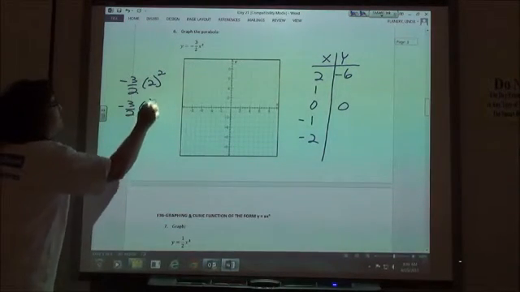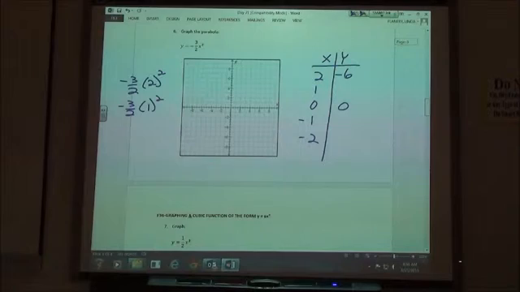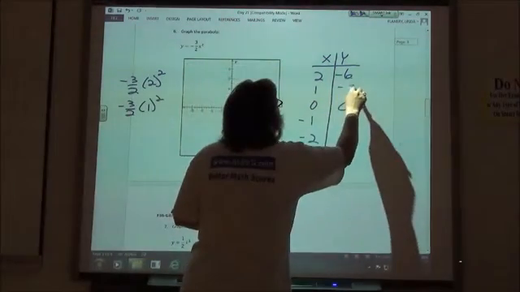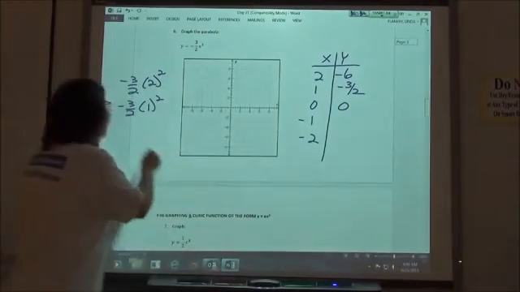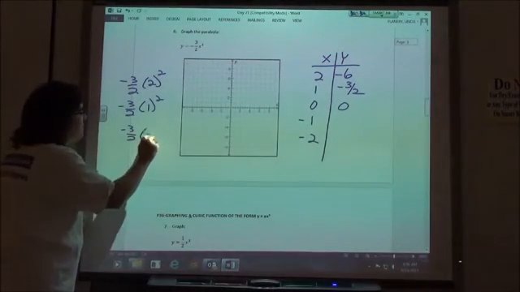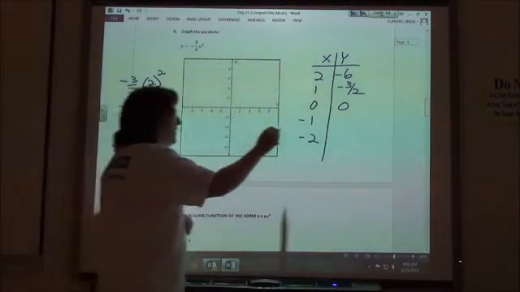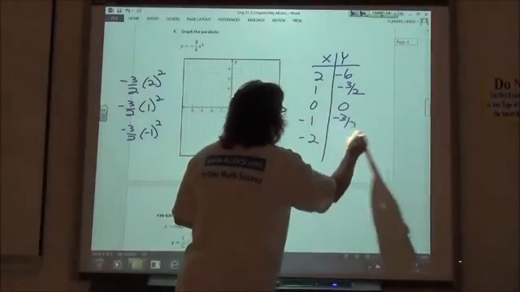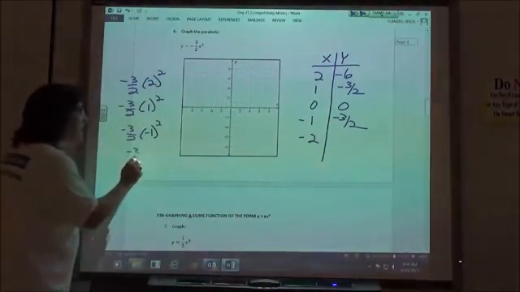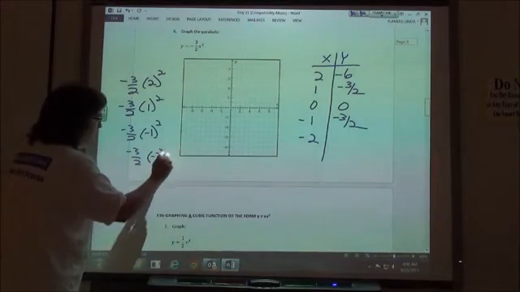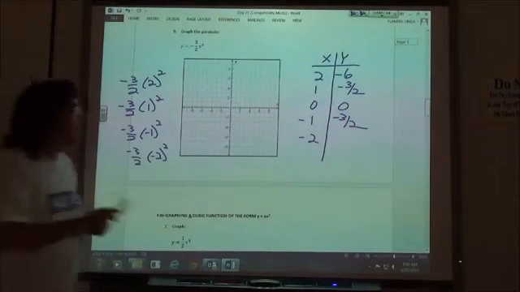Negative 3/2 times 1 squared, -3/2. Negative 3/2 times -1 squared, still negative 3/2. And negative 3/2 times -2 squared, -6.